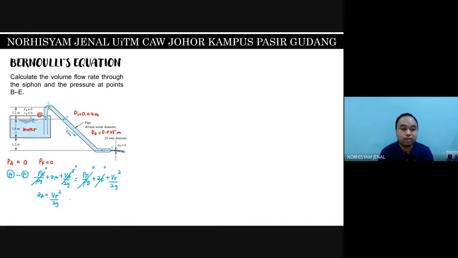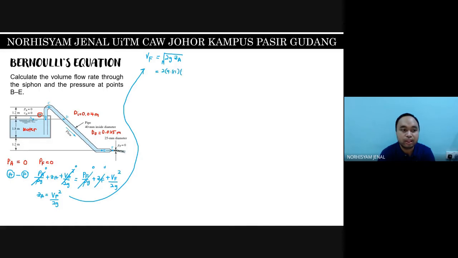So to find VF, I bring this equation up here. VF should equal the square root of 2G multiplied by ZA. So 2G is just 2 times 9.81.